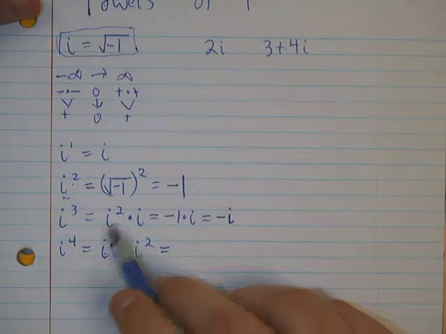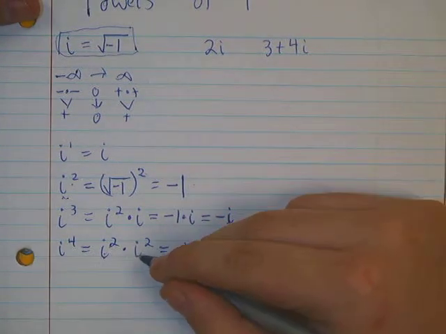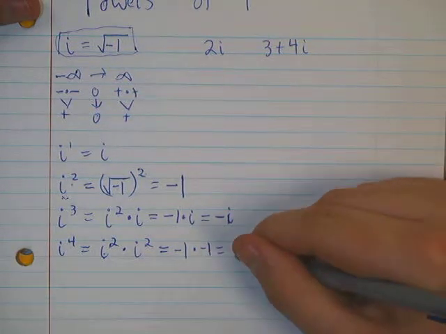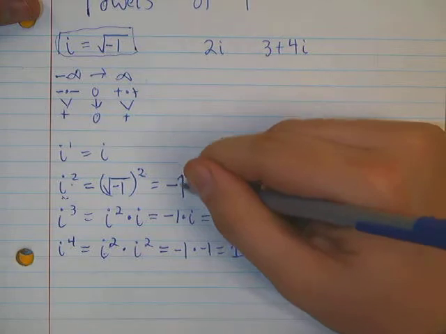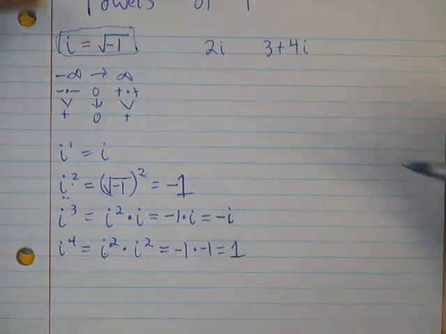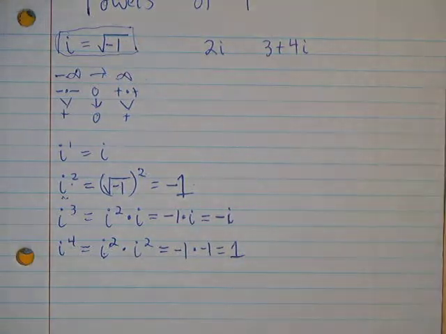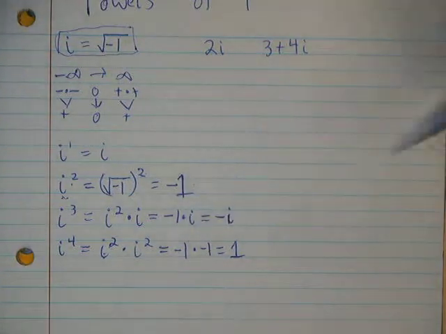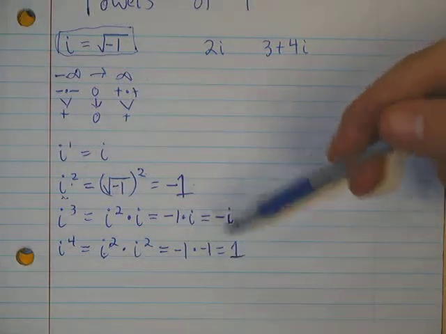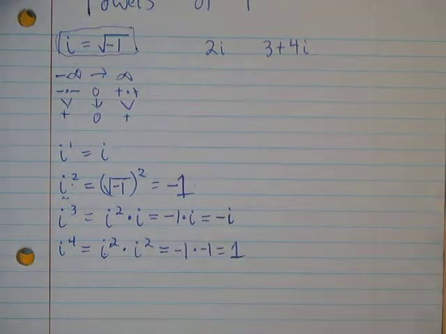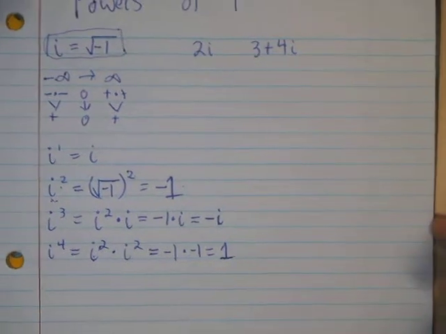So 2 plus 2 will give you 4. But i squared is -1, -1 again. -1 times -1 is +1. Now, that means that i to the fourth is one of our favorite numbers. It's 1.